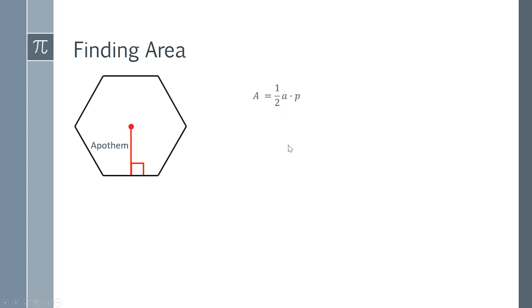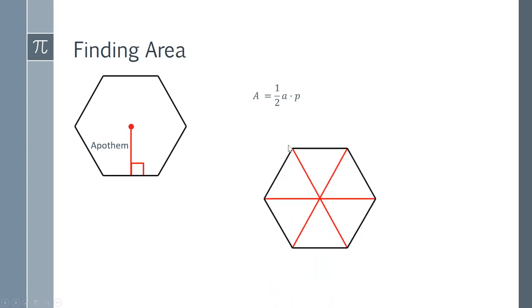Now, where does this formula come from? Well, let's take a look. If we broke this hexagon into pieces, it would form 6 congruent triangles. So all these triangles are congruent. Let's take a look at this altitude right here. That's the same as the apothem right here. So that altitude and that apothem are the same thing.